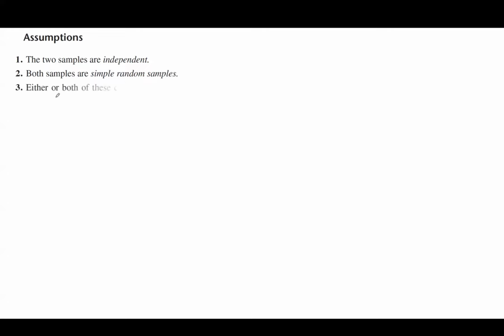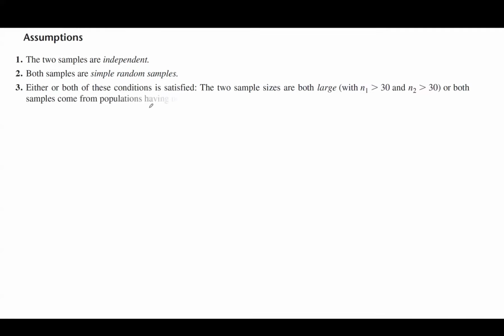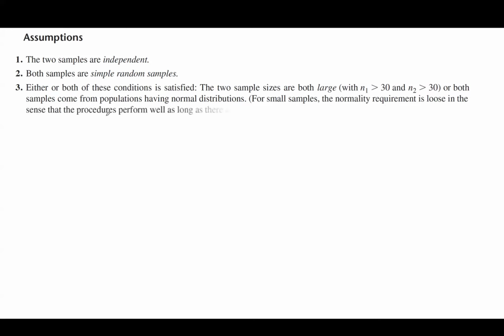Number three, either or both of the following conditions is satisfied: the two sample sizes are both large, each sample size being more than 30, or both of these samples are taken from populations that have normal distributions. For small samples, the normality requirement is loose in the sense that the procedures perform well as long as there are no outliers and there isn't a strong skewness.